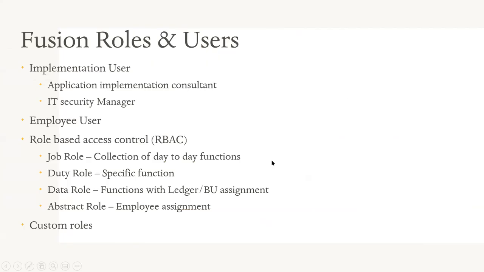Okay. And then we have Fusion roles and users. Before going into Fusion roles and users, basically we will have to create an implementation project. If you see R12, we will have a fresh instance to be created, and we will prepare an Excel sheet where the project manager will create a plan: where do we start, where are we, the progress and everything.